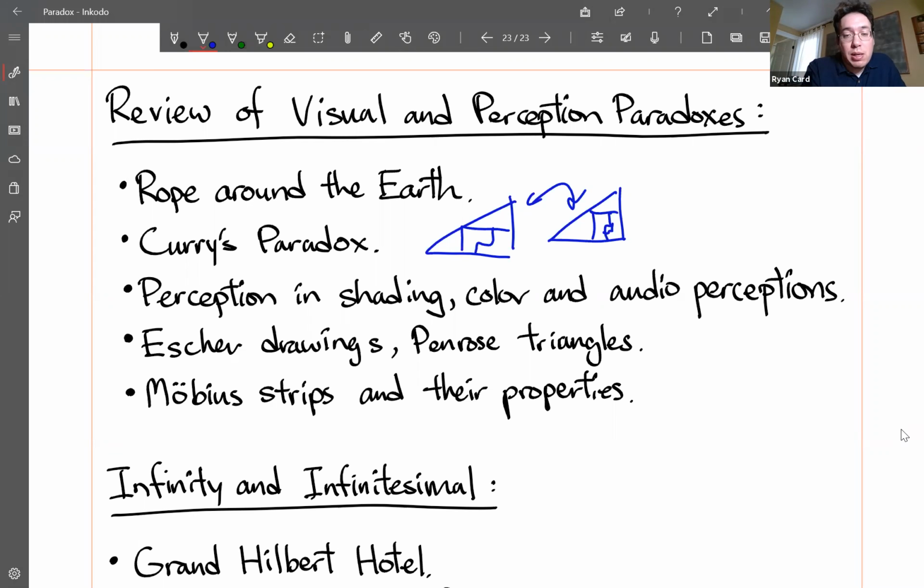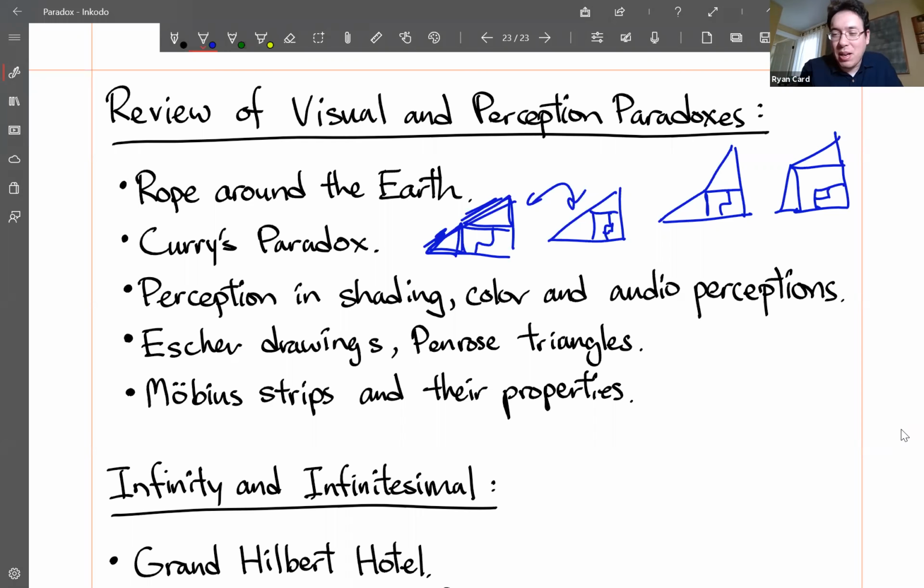The trick to that paradox was that these two pieces of triangles do not have the same slope. So in an exaggerated version of the picture, one triangle looked like this, and the other triangle looked kind of like that. I don't remember the exact shape, but it wasn't a true triangle.